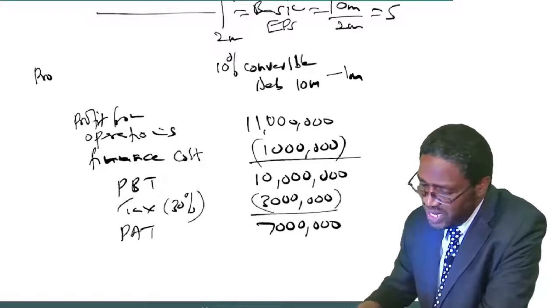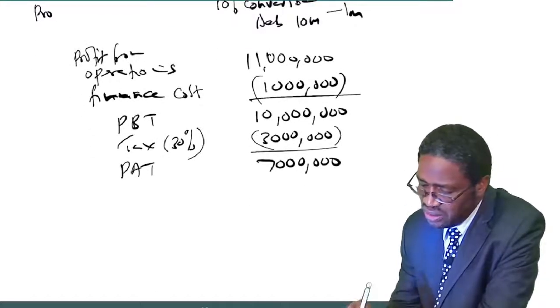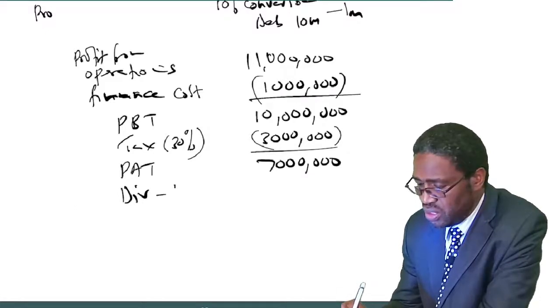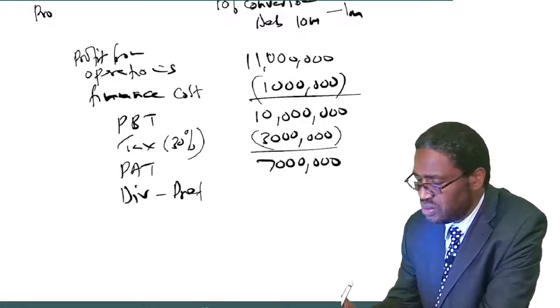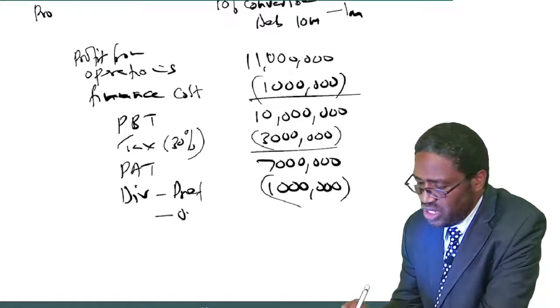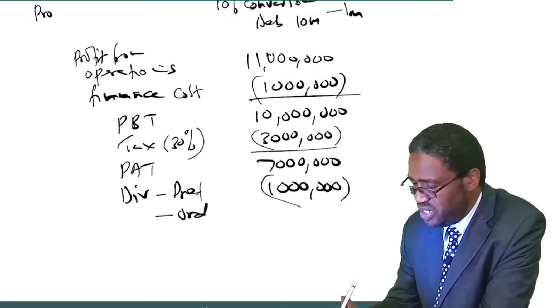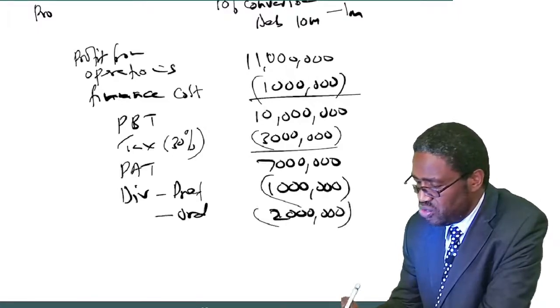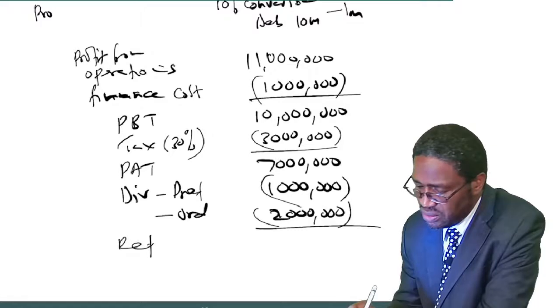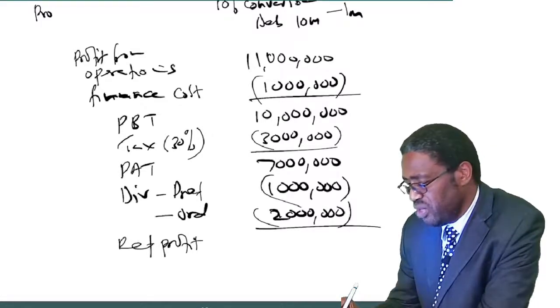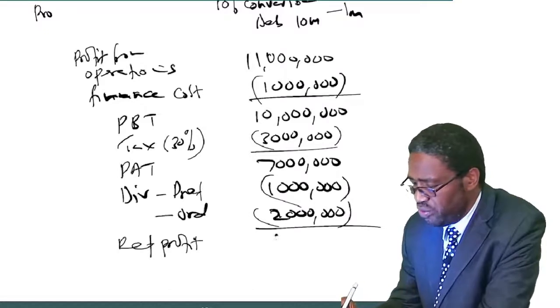Then your company had dividends. Let's assume preference is 1 million, and ordinary, the company paid 2 million. So your retained profit was 4 million.